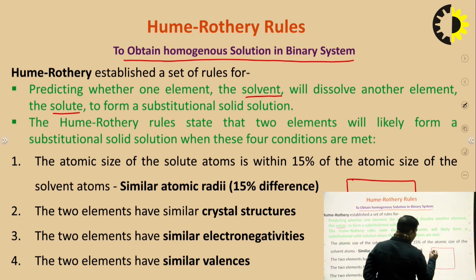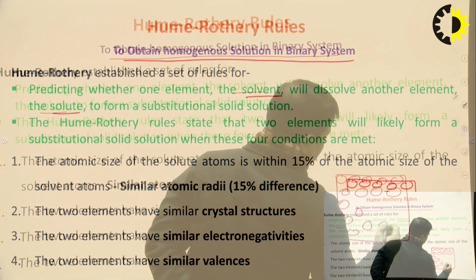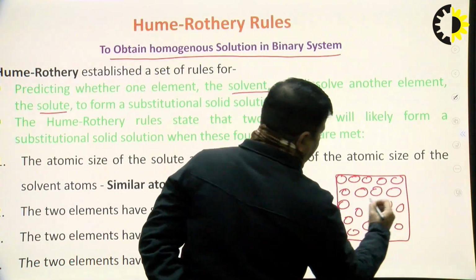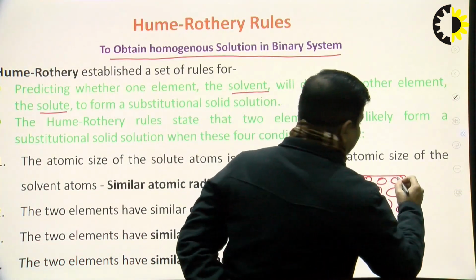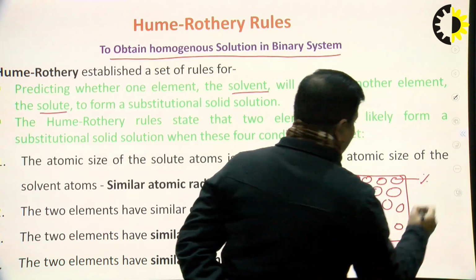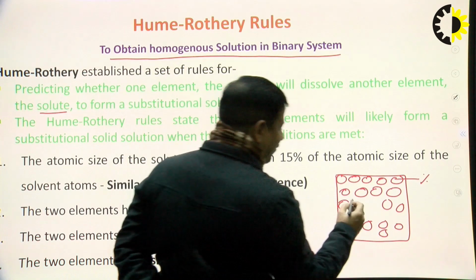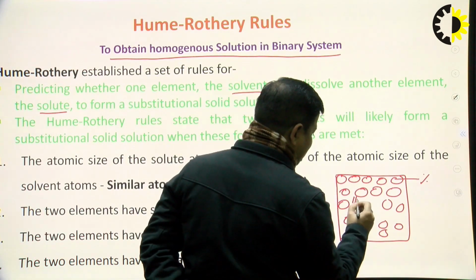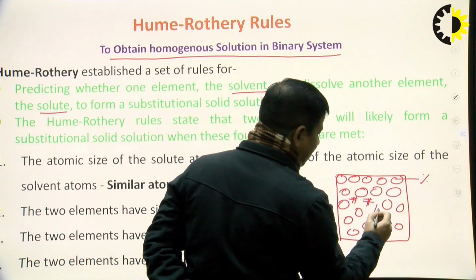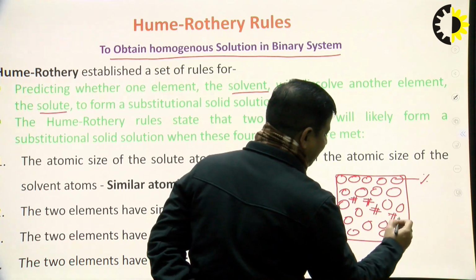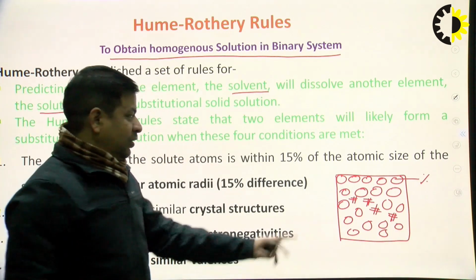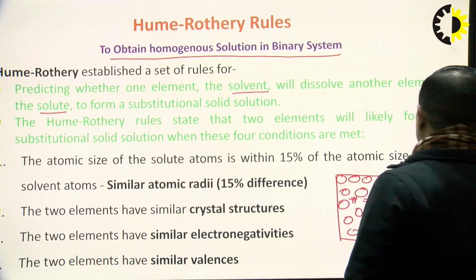Suppose we are having one element like this. This is having the major percentage, and the solute is an element that we are going to mix. Suppose I am going to mix some other element that I have denoted through some other symbol.